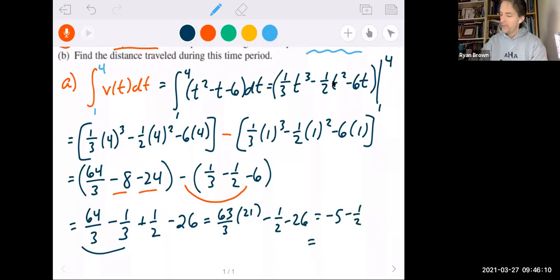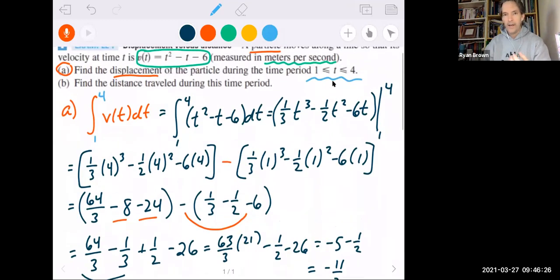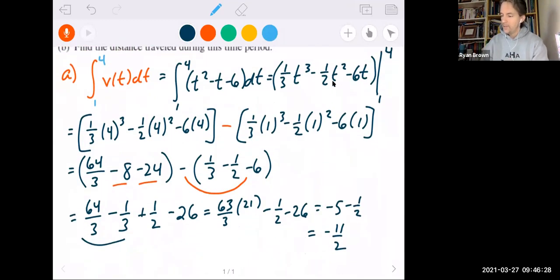With a common denominator, we get negative 11 halves. So what we just found is the overall displacement. We took the antiderivative of velocity, which gets us back to position. In terms of units, if the velocity was meters per second, then the displacement would be negative 5.5 or negative 11 halves meters.